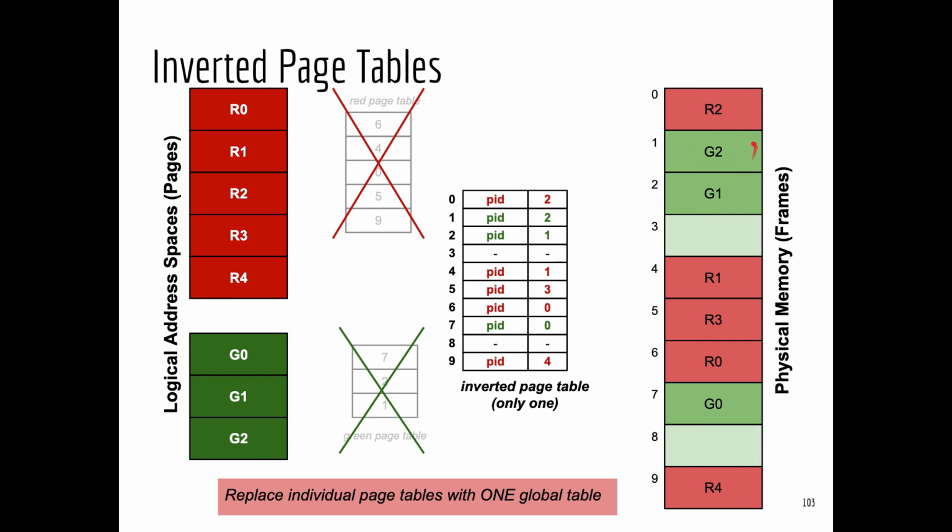The second frame, frame 1, is allocated to page 2 of green. We have to include the PID of the owner in the inverted page table in case we have two entries with the same logical page number. So this is how we tell that frame 0 is owned by red and frame 1 is owned by green.